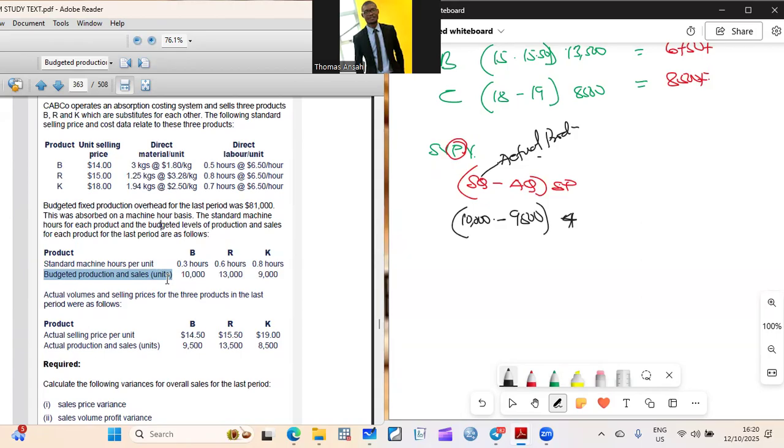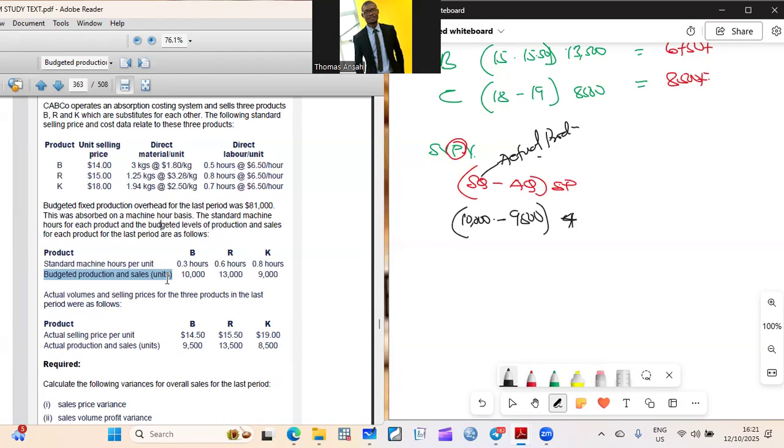If they budgeted to produce 10,000 units, in actual sense they produced 9,500 units. That's what they are telling you. So it is not for one, where you would do 10,000 over 1 unit multiplied by. No, this one, they've already given you the total. So you have to shine your eye to see the differences.